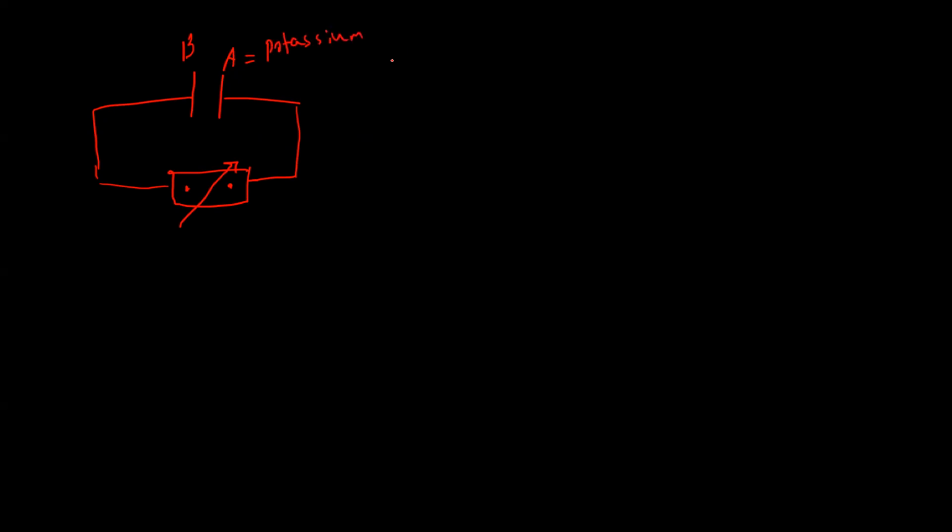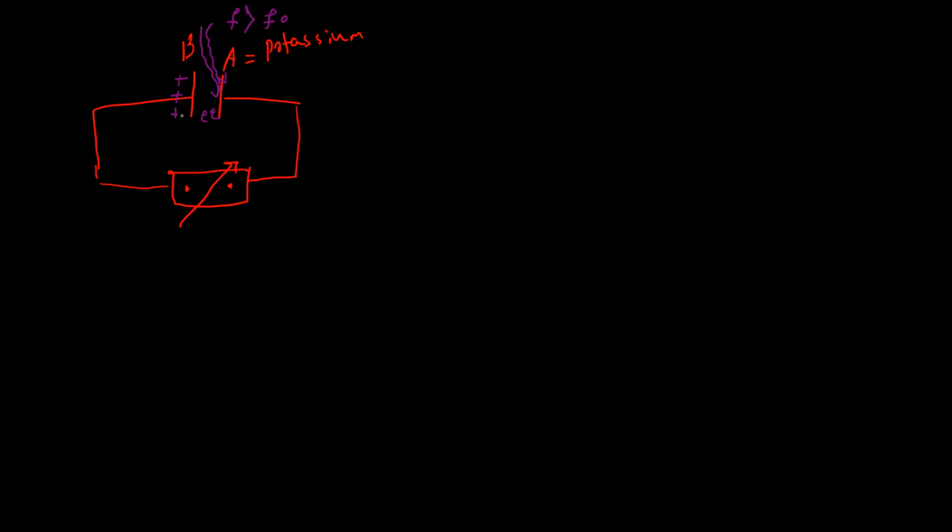And if I shine a light on potassium, with frequency of this light bigger than f naught, it starts releasing electrons. And if this plate is positive, attached to the positive terminal, electrons accelerate towards the positive plate, that is plate B.